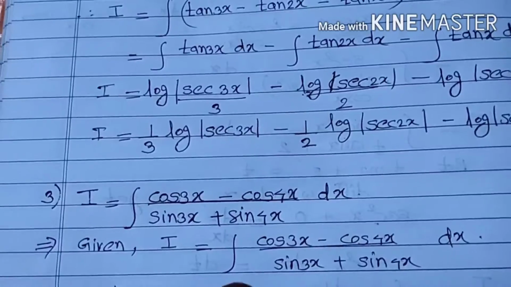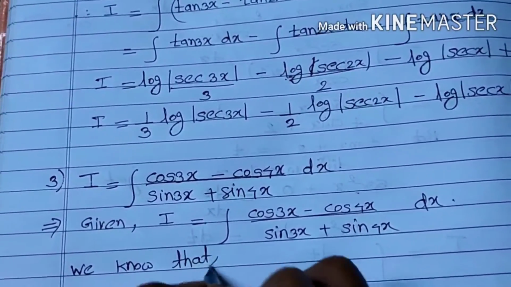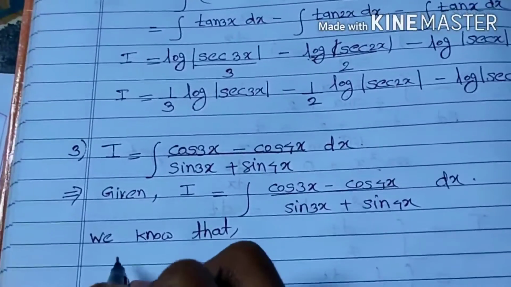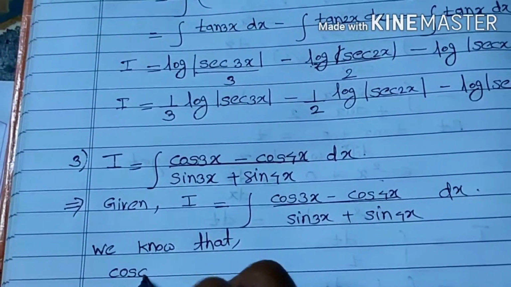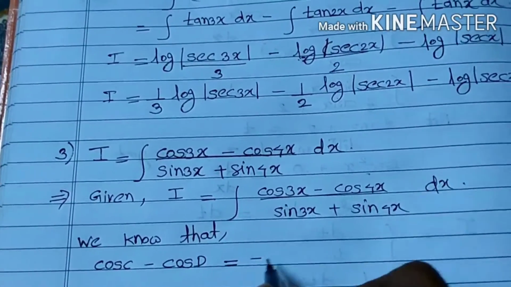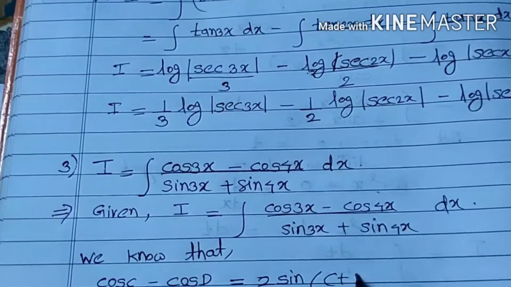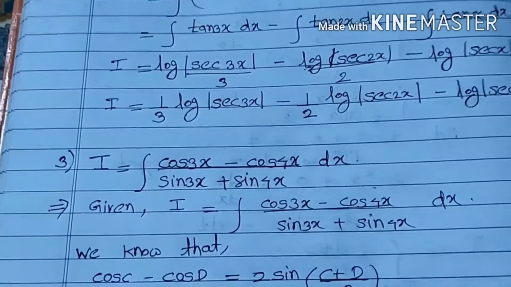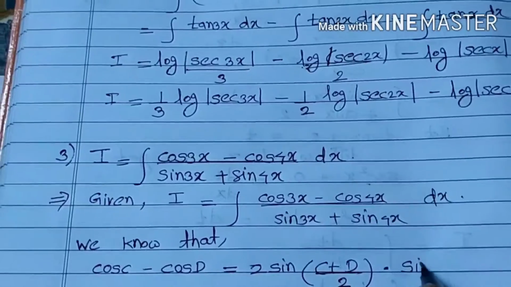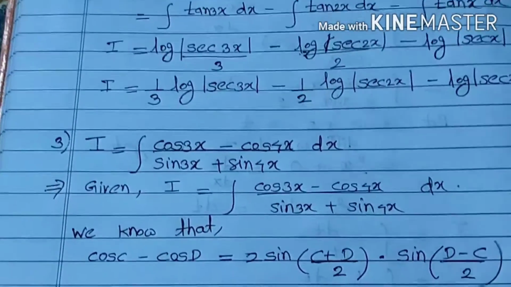We know that cos C minus cos D is equal to 2 sin of C plus D upon 2 into sin of D minus C upon 2.